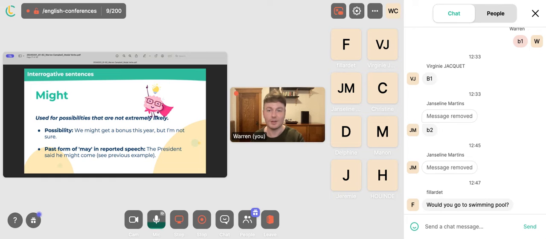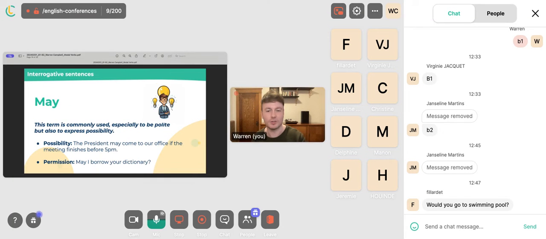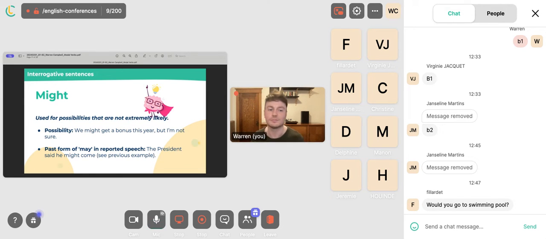So, for example, the president said he might come. Like the example we saw on the previous page there: the president may come to our office if the meeting finishes before 5 p.m. The president said he might come.